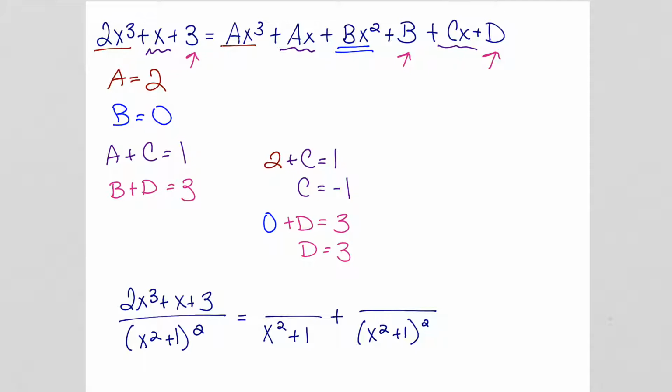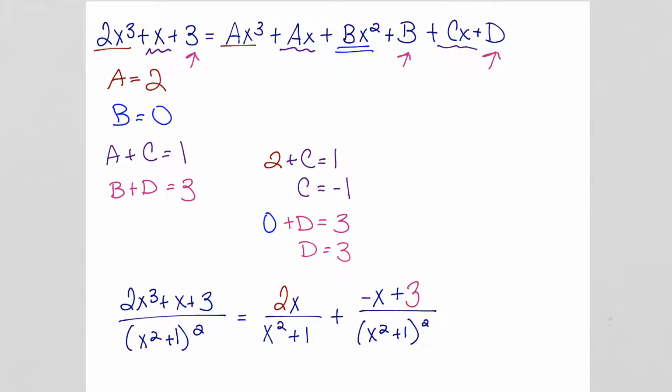Well, b is 0, so we'd have 2x plus 0. So we just need a 2x on top. And then on the top of the second one, we have cx plus d. C is negative 1. So that's just negative x plus d, which was 3. And you don't need to worry about moving the negative around.